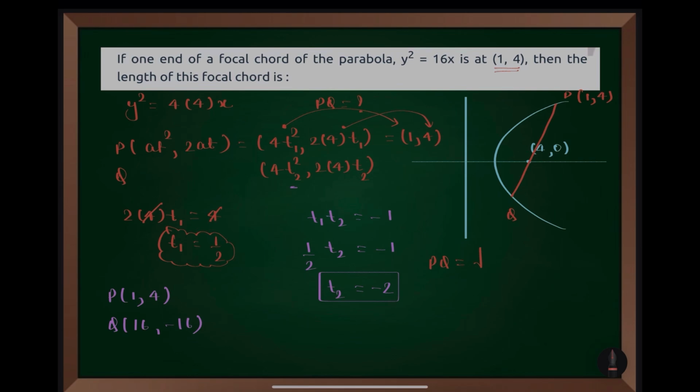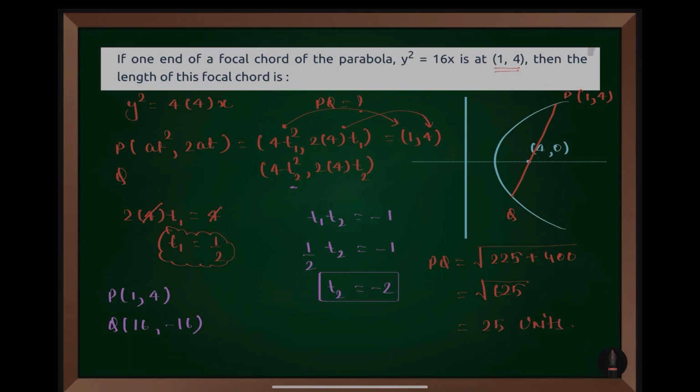So 16 minus 1, 15, 15 square, 225. Now this thing will become what? 4 minus minus 16. So it will become plus 16. So it is 20. 20 square is 400. Okay, now you can simplify things. 625. So it is 25 units.